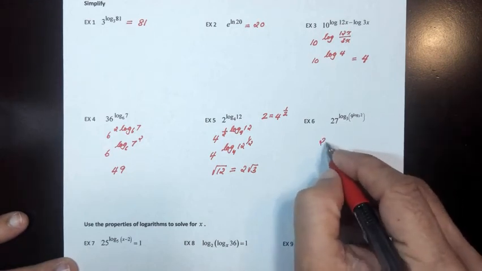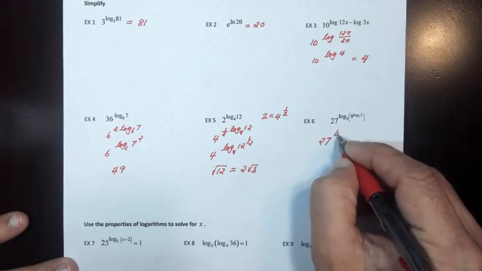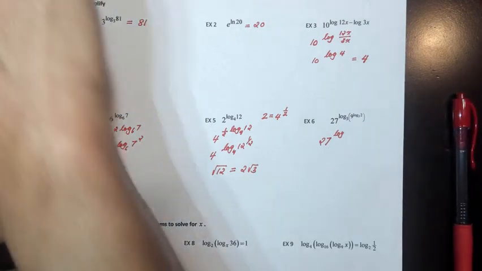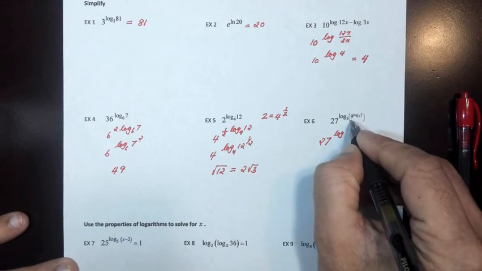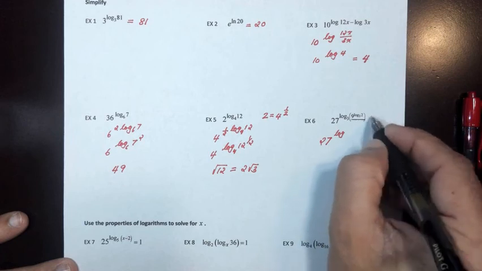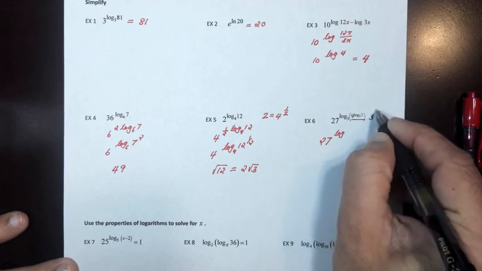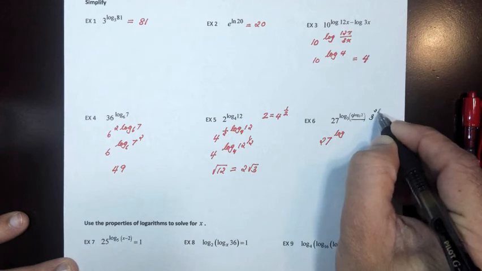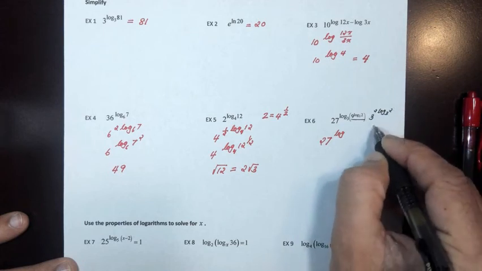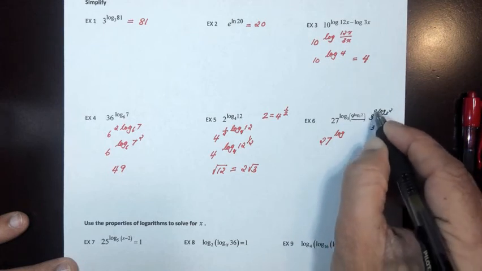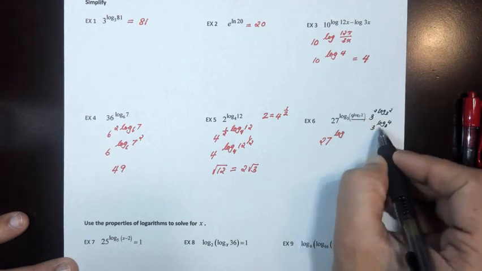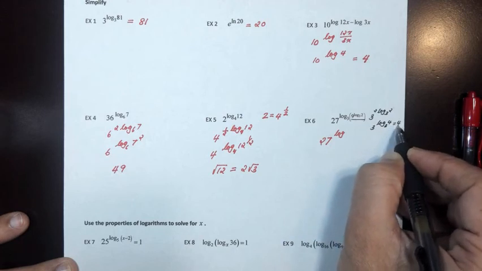The 9 to the power of log 2 to the base of 3 actually is equal to 3 squared, log 2 to the base of 3, and that 2 goes on the top. That becomes 3 to the power of log 2 squared, which is 4. And you know that both the bases are same, so the parenthesis right here is actually just 4.